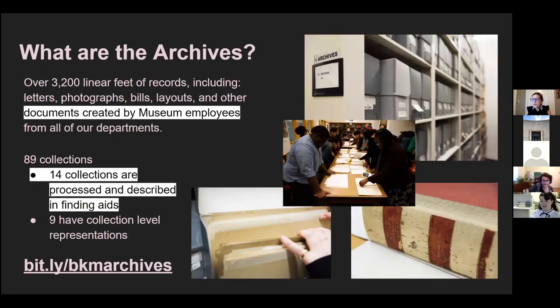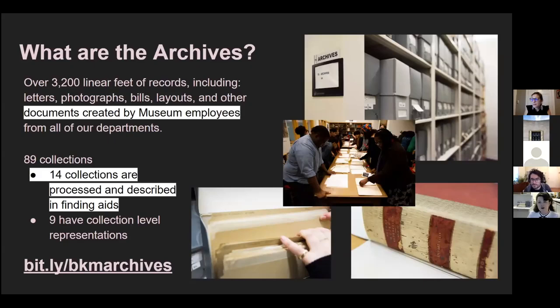So what are the archives? On the top right, you can see lots of boxes, which are full of paper. Our archives are primarily institutional records, the work that was done by the people who worked in the museum, from the audiovisual department to visitor services.